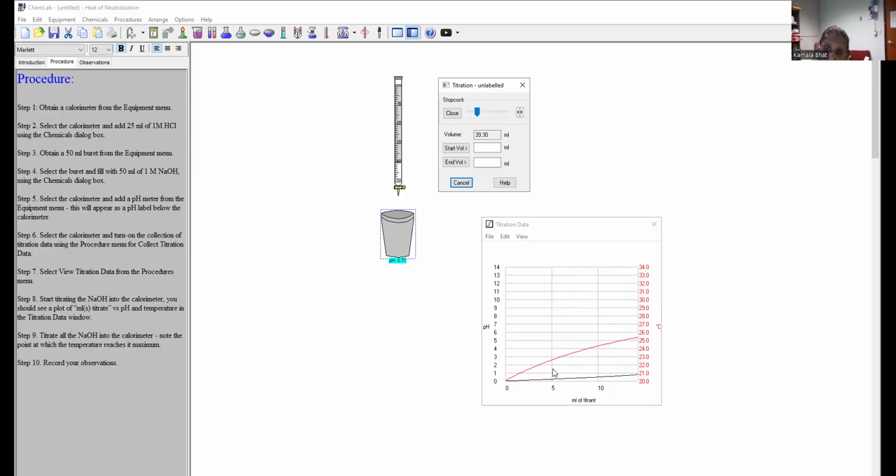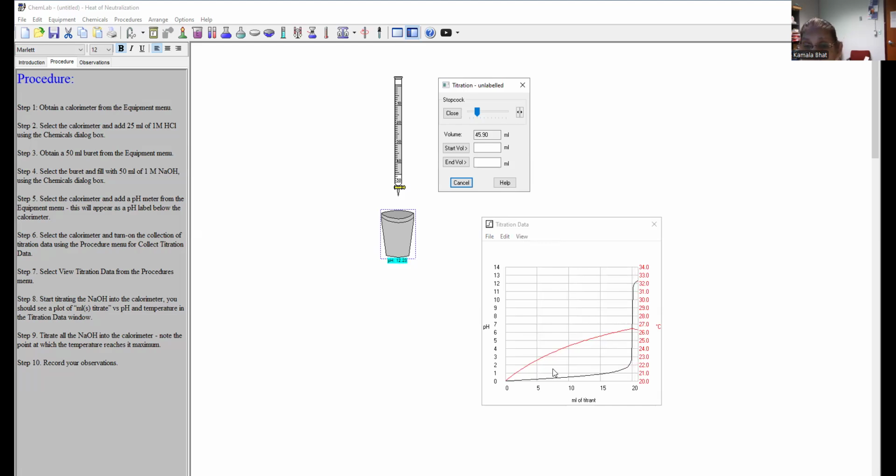And you see also that the thermometer temperature is rising. And watch it. And as you look at the black line now, you can see that the pH is slowly increasing.